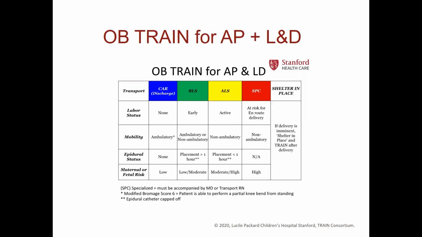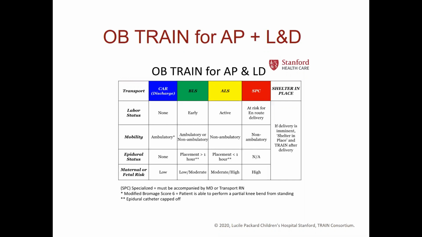There will be situations on labor and delivery where we cannot move a woman that is about to deliver. So we will have to deliver her first and then send her out. So being aware and ready and having plans in place for this kind of situation is also paramount.